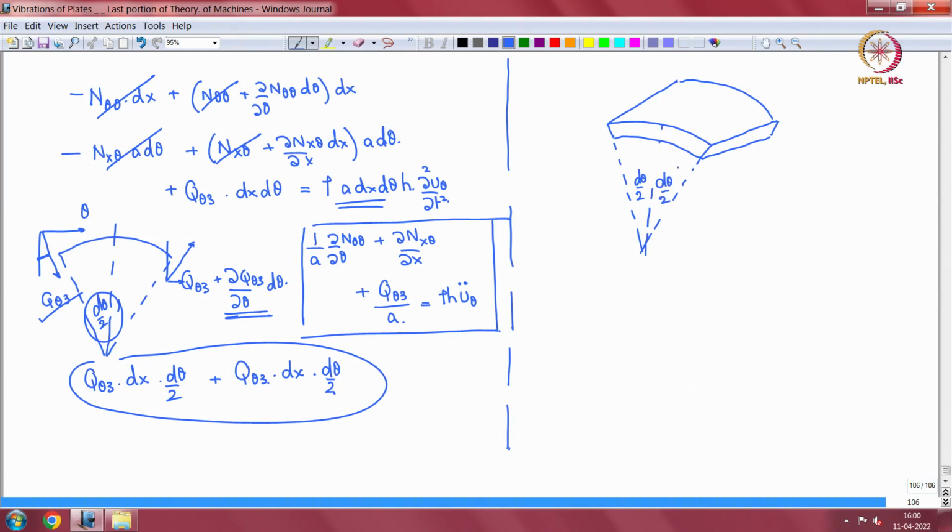Now what are the relevant force resultants? So we will have q theta 3, the incremented q theta 3.